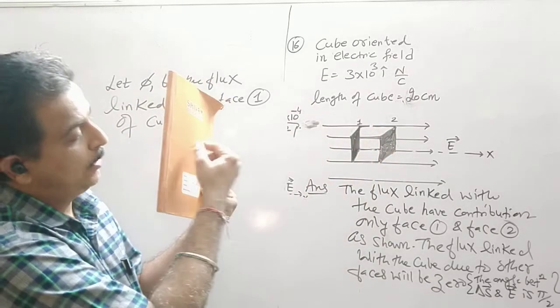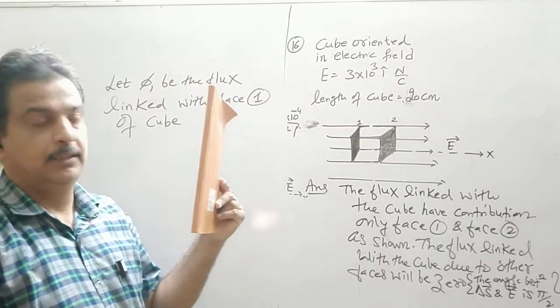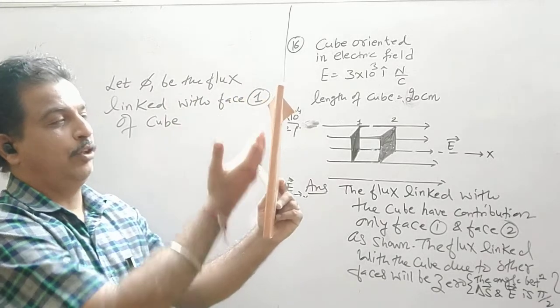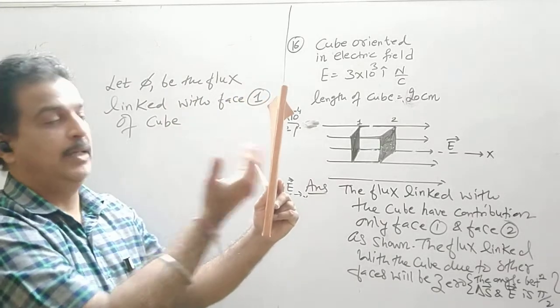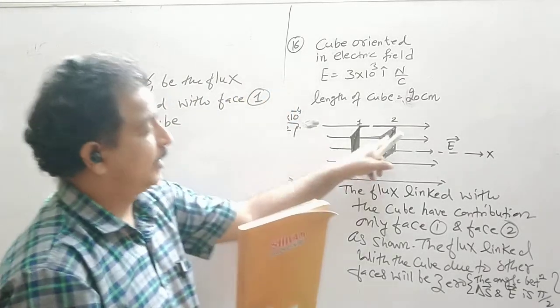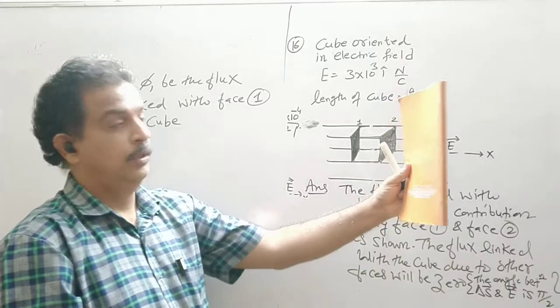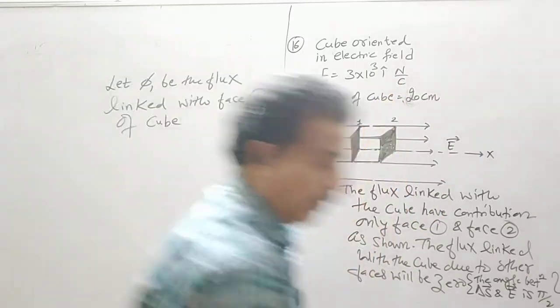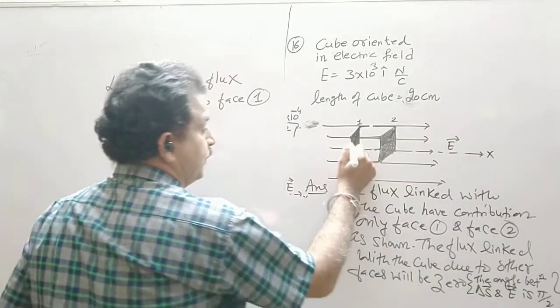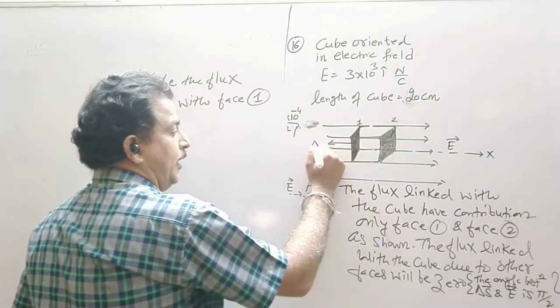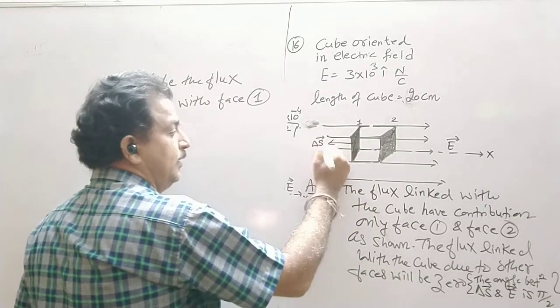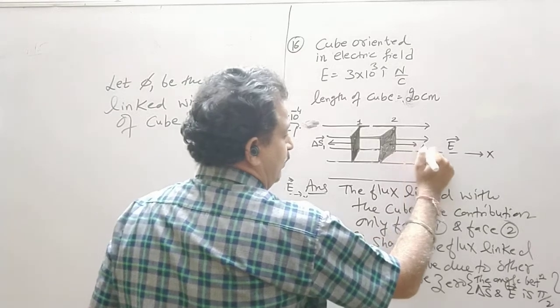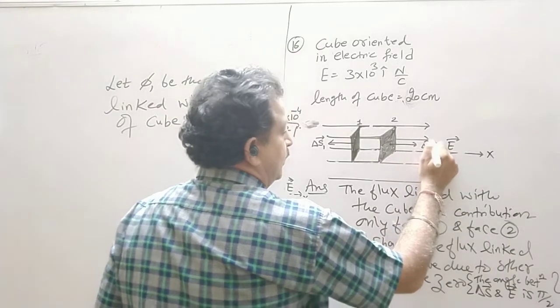So the area vector of this face outward will be along the negative x-axis, and for face number 2, the area vector should be along the x-axis. Let us name the area vector of face 1 delta S1, and for face 2, radially outward, delta S2.